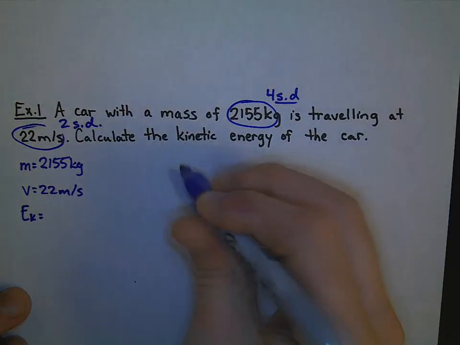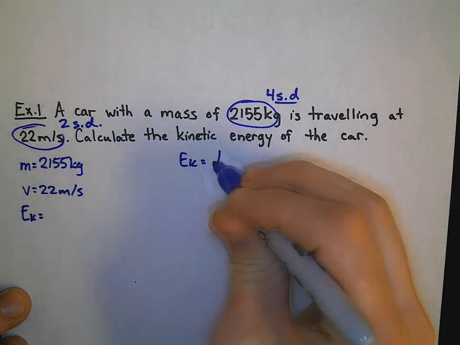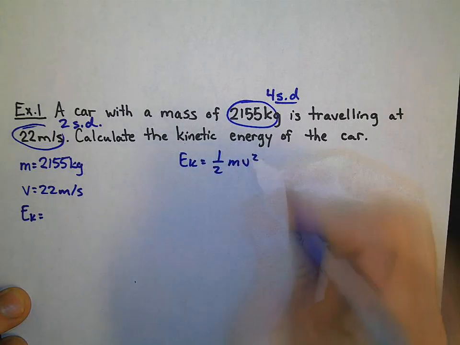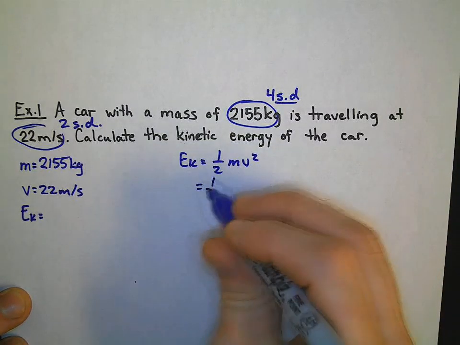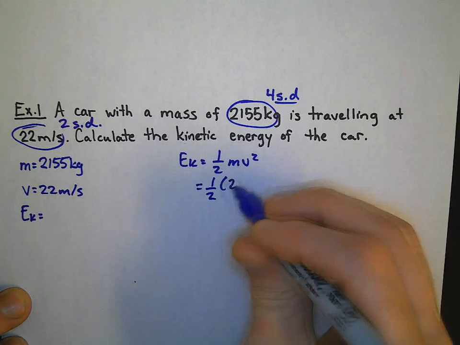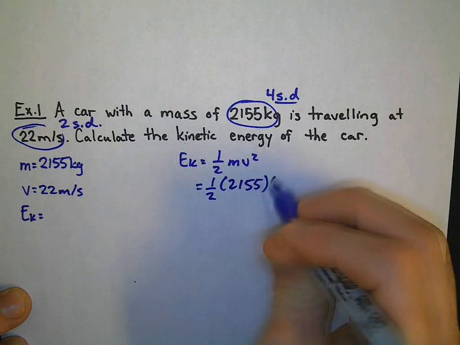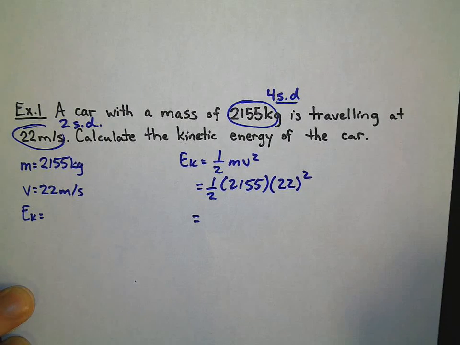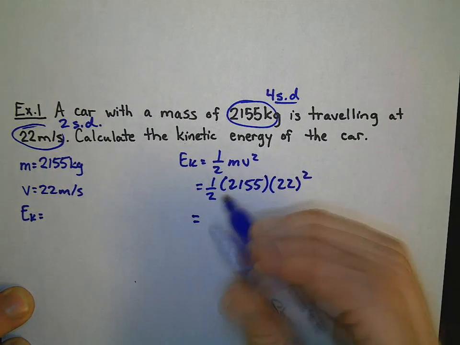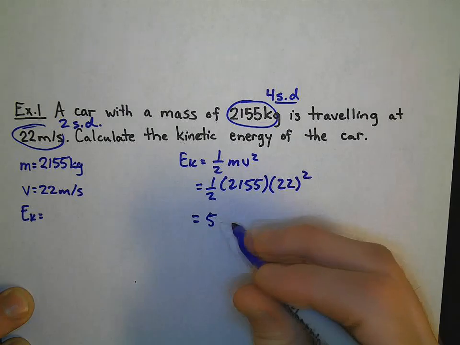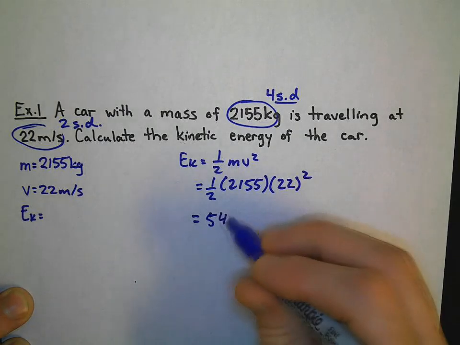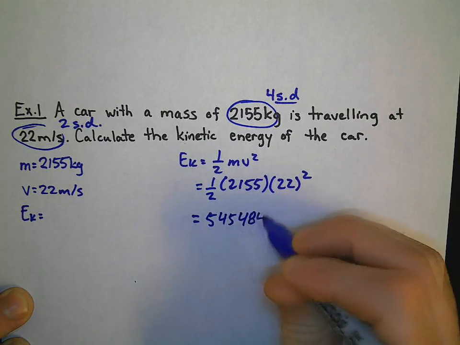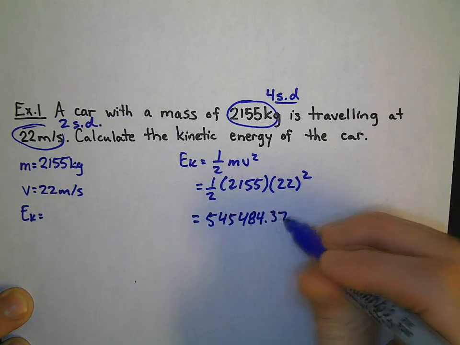So following the equation, EK = 1/2 mv squared, we can calculate that, easy substitution. And we get that our kinetic energy is 545,484.375.